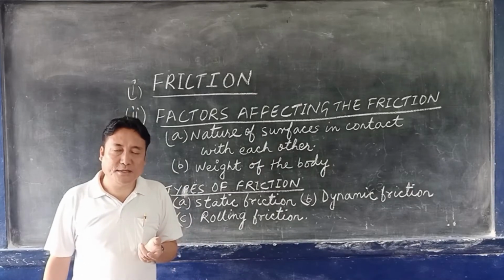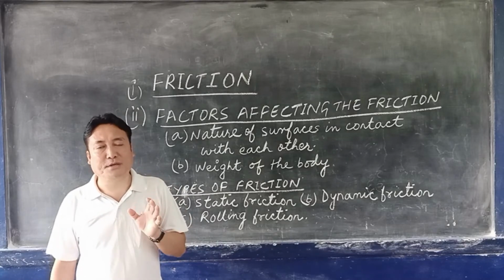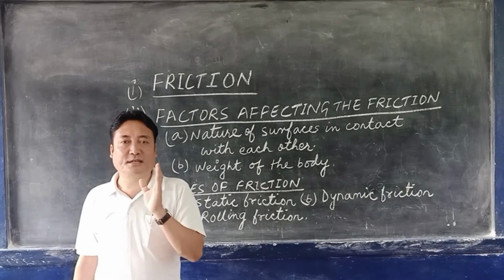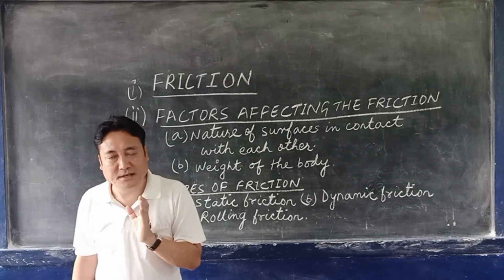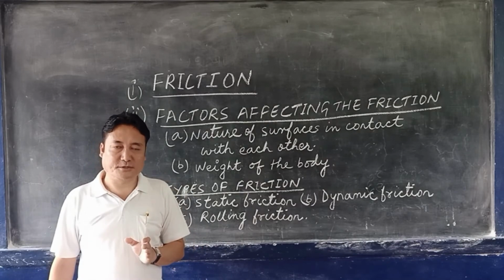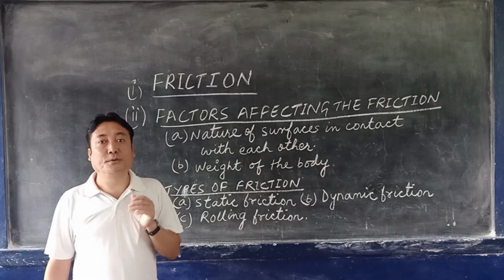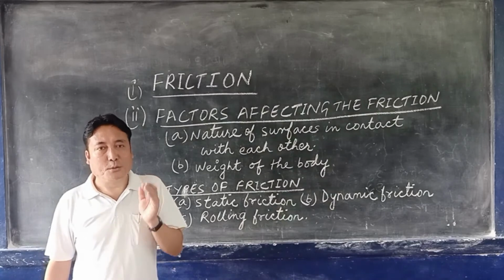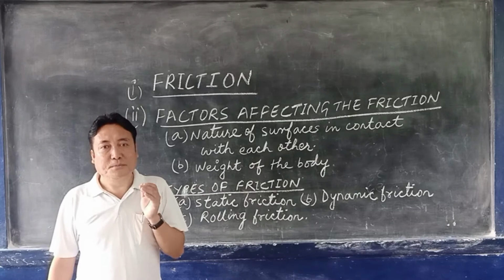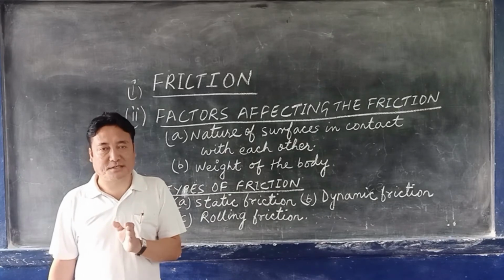Another example: suppose you are riding a bicycle, and when you stop paddling, the speed of the bicycle slowly starts decreasing, and finally the bicycle stops. What makes the moving body stop? Some force is produced between the two surfaces.